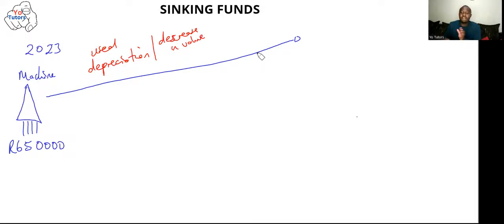If we look after 5 years, this will be 2028. In 2028, the value of the machine will be less than the 650,000. Let's say it depreciated and now it's 200,000.